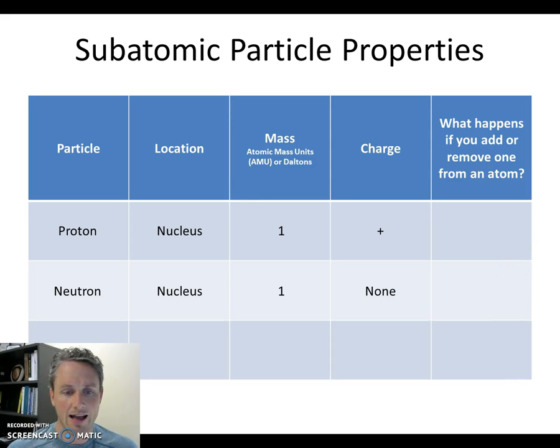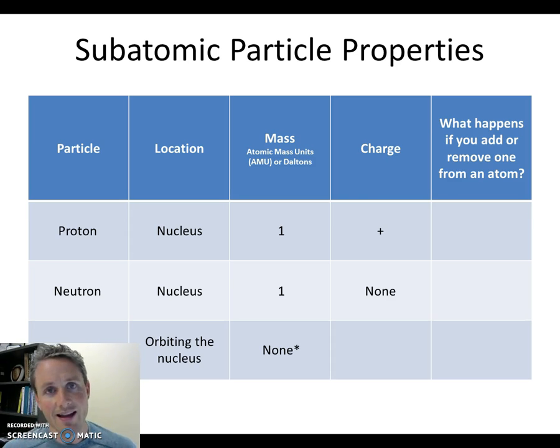Okay, so the last subatomic particle is the electron. It might be hidden behind my head there, but electrons are the last one we'll talk about. Electrons, you'll remember from the diagram, they weren't in the nucleus. We find electrons orbiting the nucleus. Those electrons, we'll consider their mass. If you remember back, they were much smaller than the protons and the neutrons. We say that electrons have no mass.